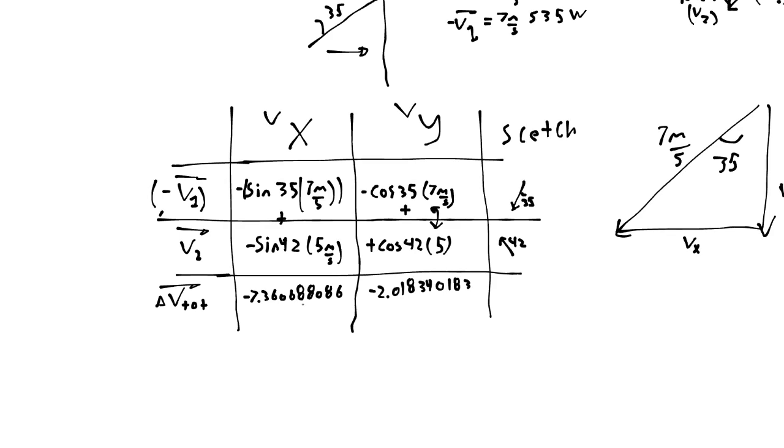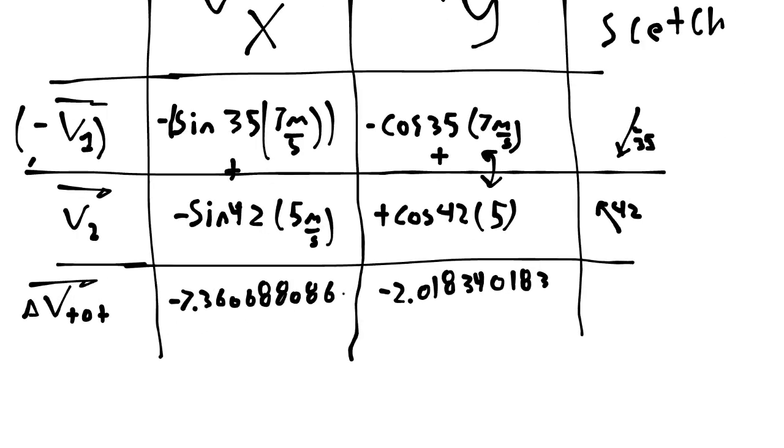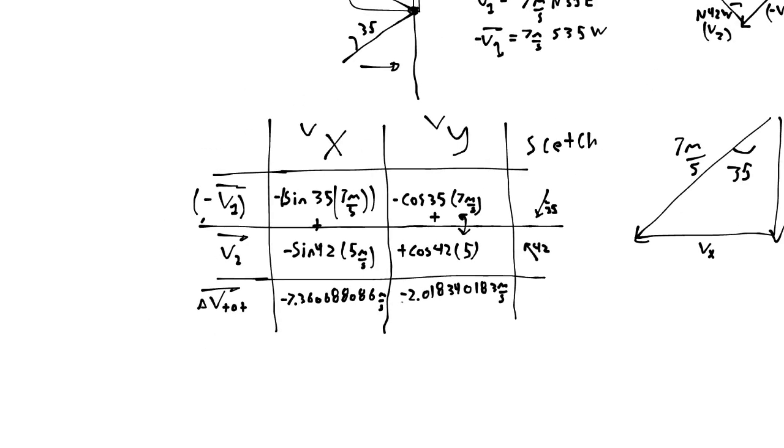Okay, so I got the total differences for these. So actually this is meters a second. This is meters a second. And then I'll just do a little sketch right now. So -7 is about right there. -2 is about right there.